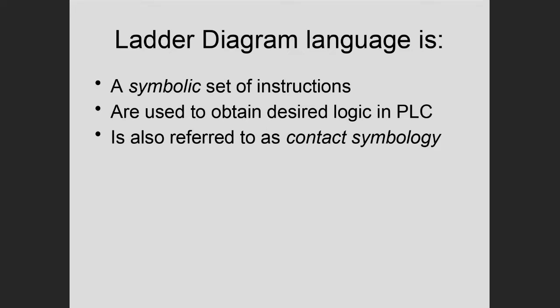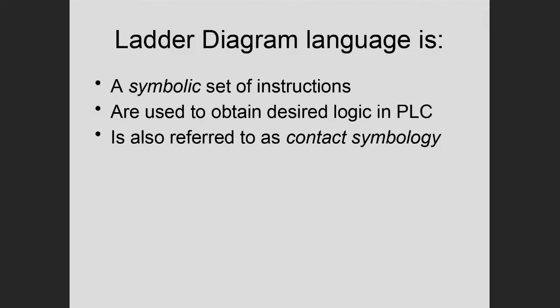Here we use a symbol, and the symbol has meaning. We use these symbols in series or parallel to AND, to OR, and for the NOT, to make up what we call logic. They refer to this as contact symbology.